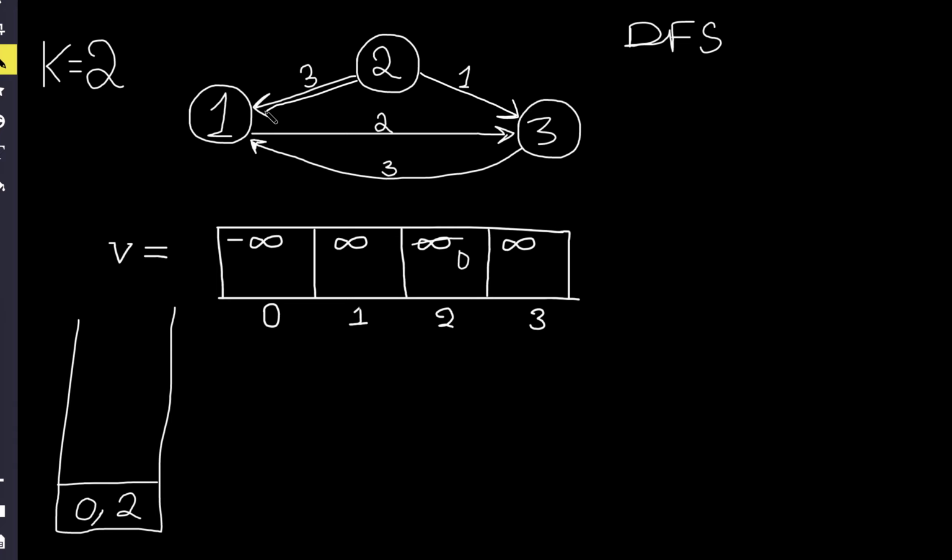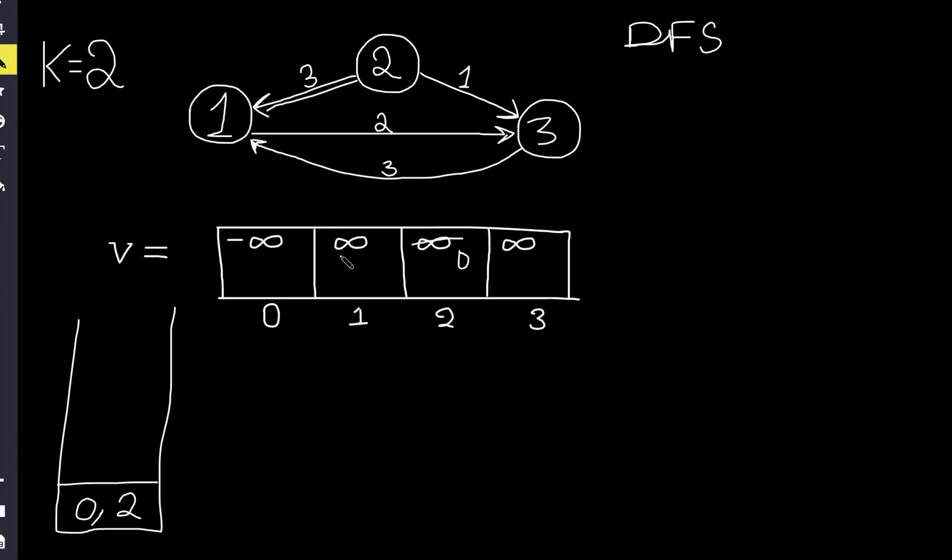We will check its adjacent element, which is 1, and see whether the current time plus the time taken to reach node 1 from 2 is smaller than the already existing time.